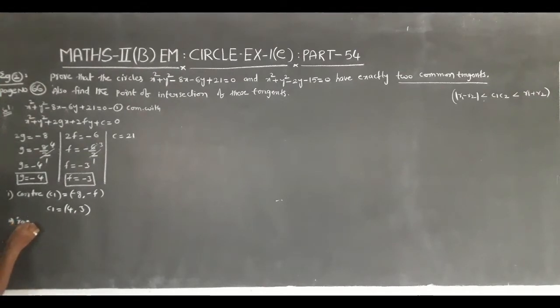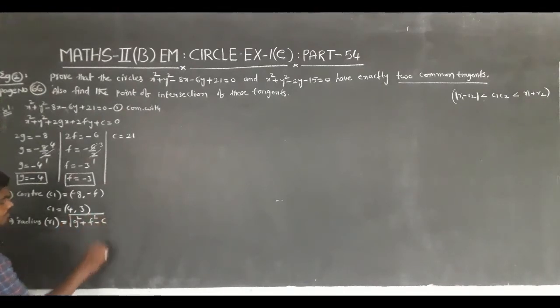Second, radius of the first circle. Radius is equal to under root of g square plus f square minus c.